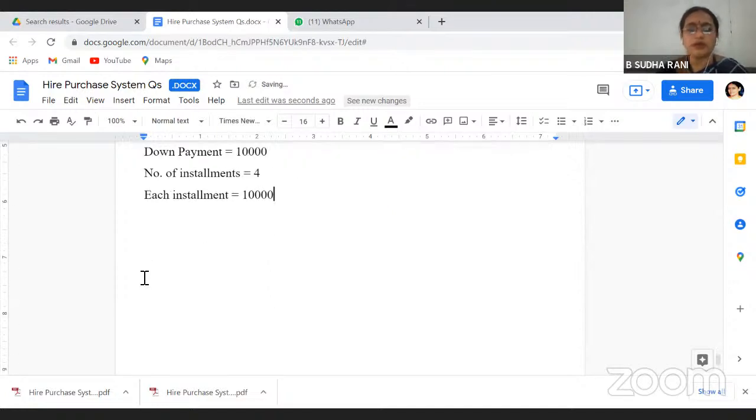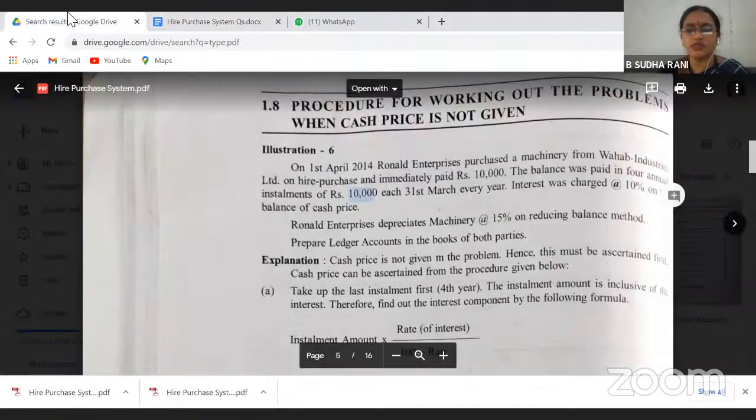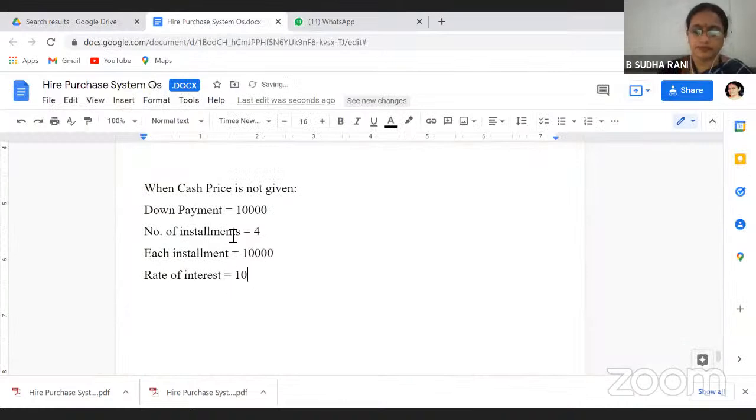Right? Rate of interest, how much is it? Rate of interest 10%. Is the screen visible to you all? Right. In 5 minutes, this will get over.